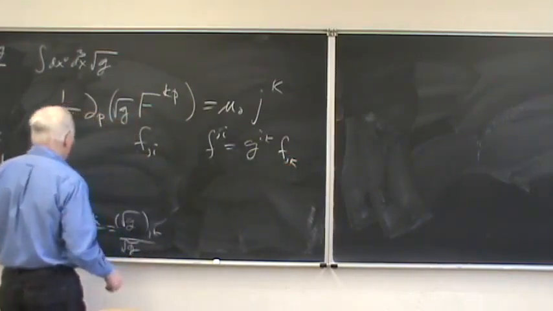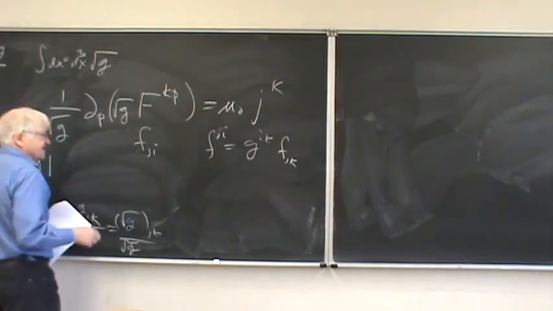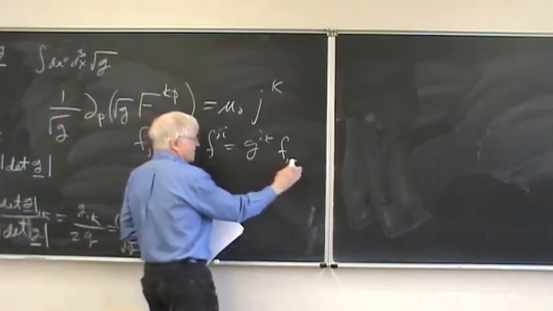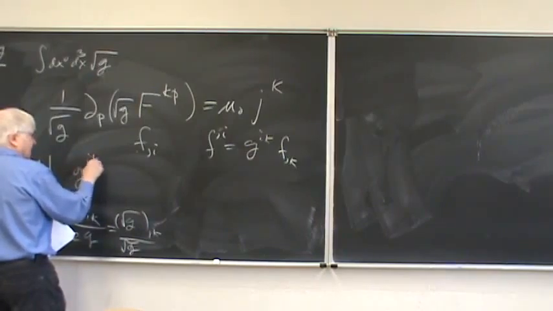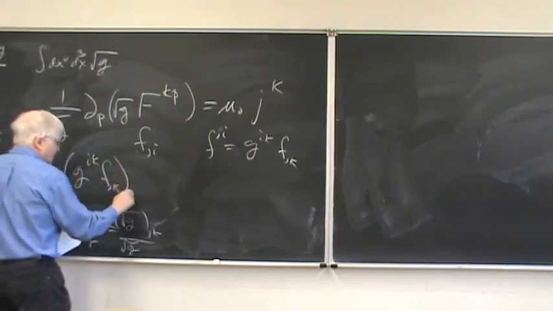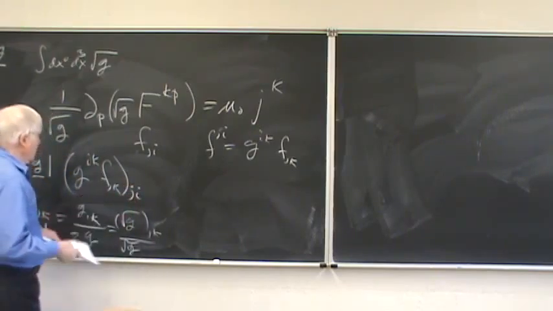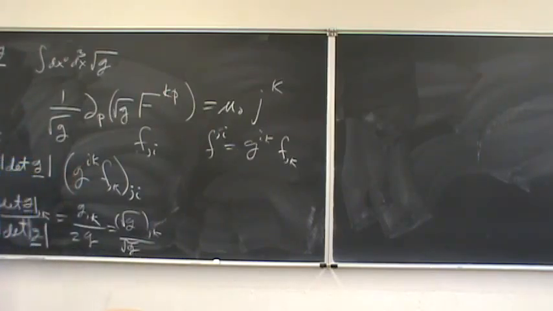Okay. So what is the covariant divergence of this quantity? In other words, G^{IK} f comma k semicolon I.